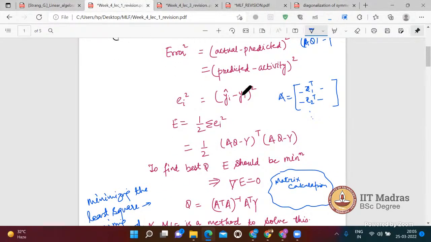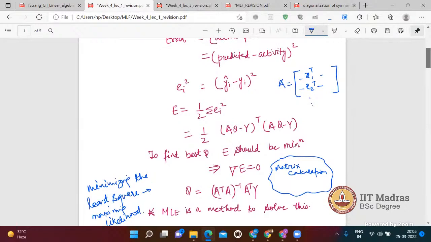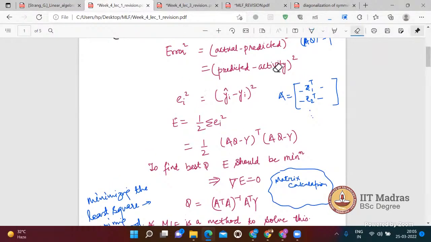That's why we are squaring here. A is written in the form of x1 transpose, x2 transpose, x3 transpose, where x1, x2, x3 are column vectors. Sir, you have written here predicted minus actual, that is actual, I think, no? Yeah, it's a mistake, sorry.